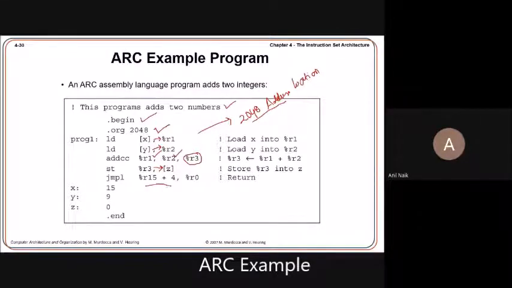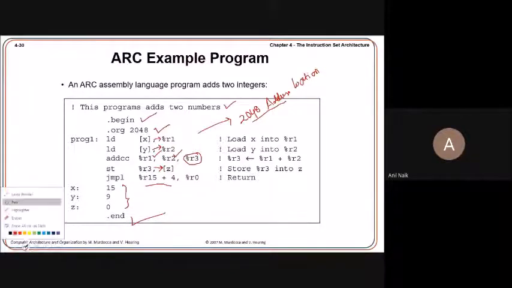Then jump to this particular location. x is 15, y is 9, and z is 0 initially, and then the end of the program. This is how we write a program. What are the pseudo operations here? .begin, .org, .end. These are the pseudo operations.